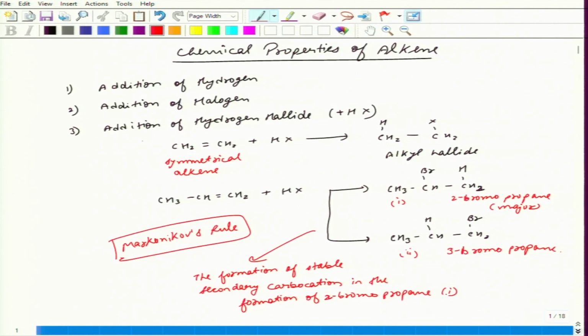If you remember, we discussed in the previous class the mechanism of Markovnikov's addition: the reaction proceeds via the formation of a carbocation.